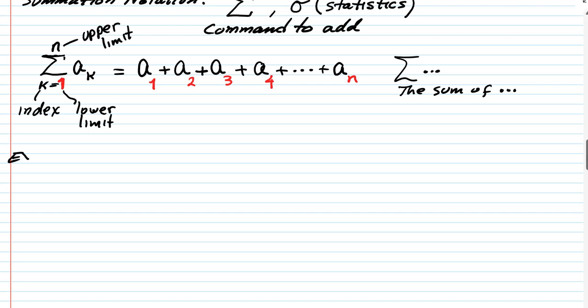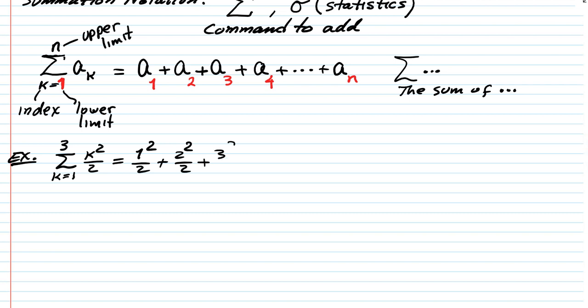Now, let me do a quick example. Let's say we want to expand the sum. Suppose my sigma is k squared over 2, with k from 1 to 3. So this is going to go 1 squared over 2 plus 2 squared over 2 plus 3 squared over 2, and we stop.